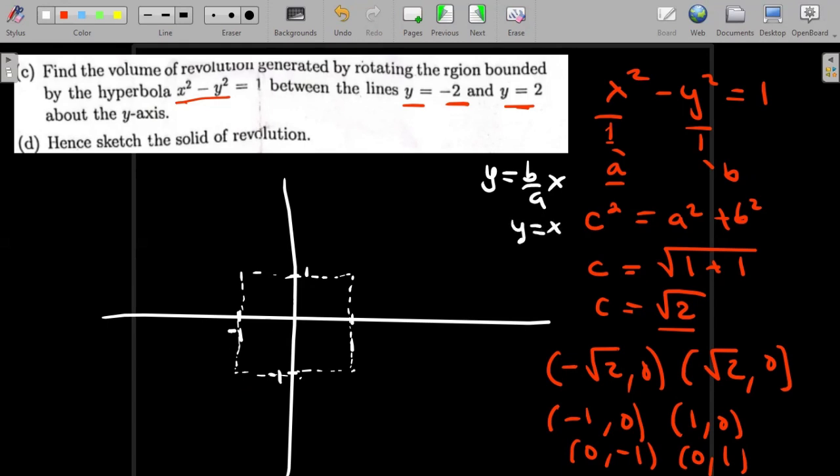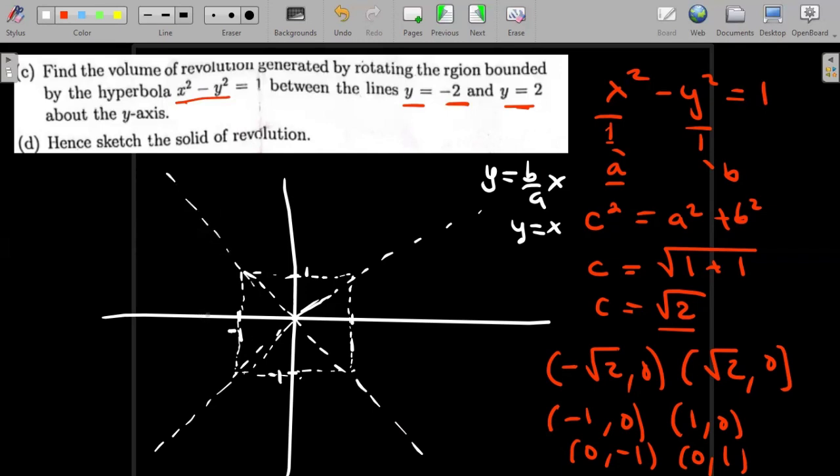So the asymptotes are going to pass here. I have dotted lines like this, going this way, passing through that point in the middle, going like that, and the other side dotted like that, passing through that point. So now I have those points plotted out.